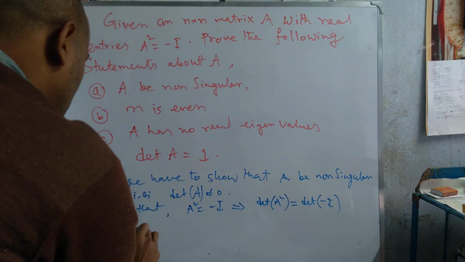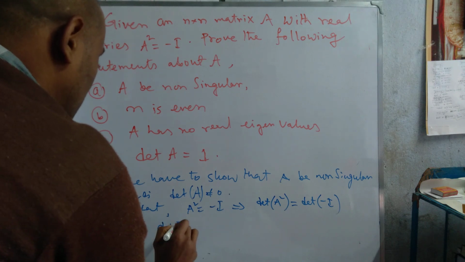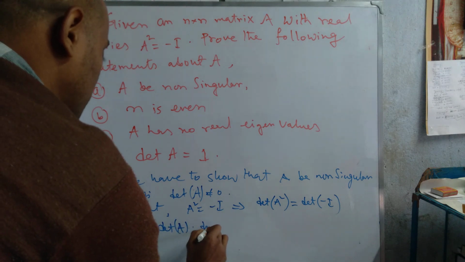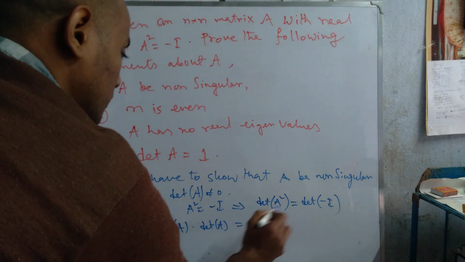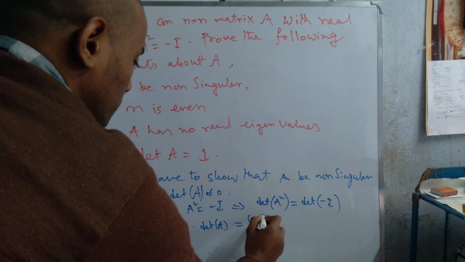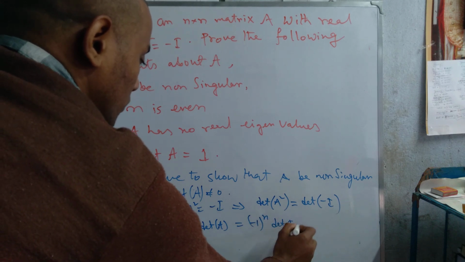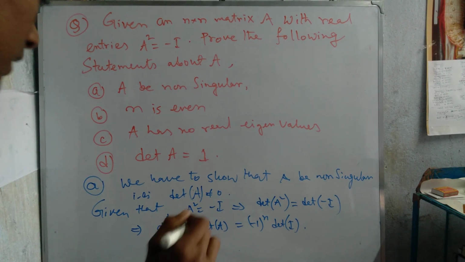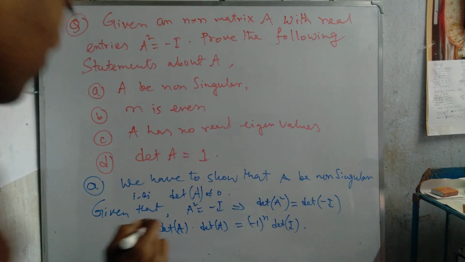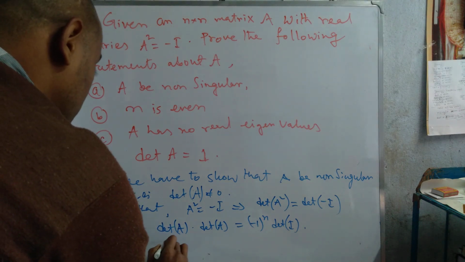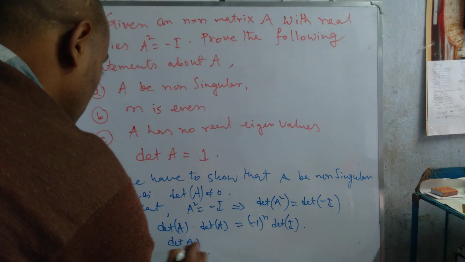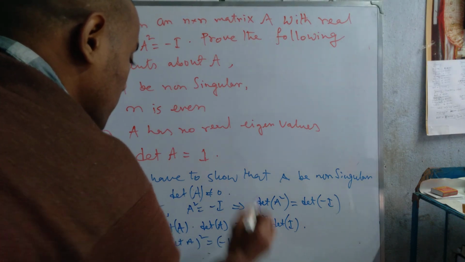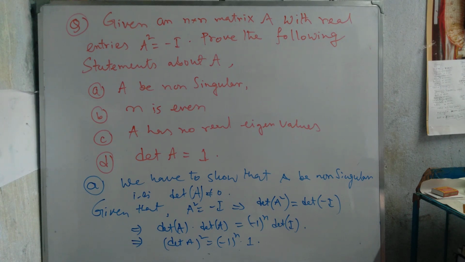Then we know that det of AB equals det A and det B. That means det A multiplied by det A equal to minus 1 whole to the power n, det of I. Why? Because A is an n cross n matrix. Then we write det A whole square equal to minus 1 whole to the power n, and obviously we know that det I equal to 1.